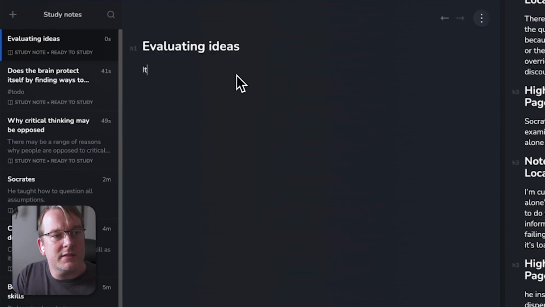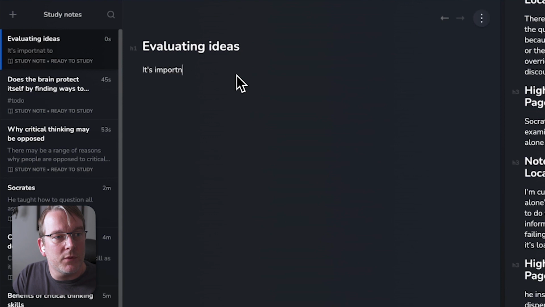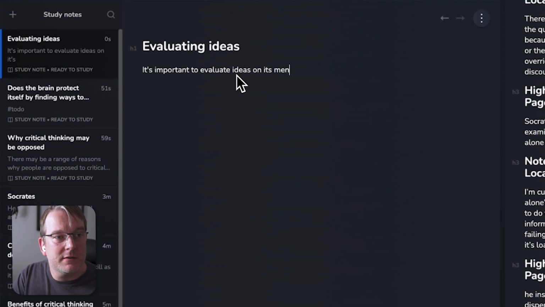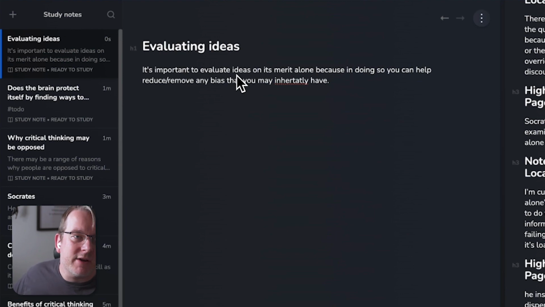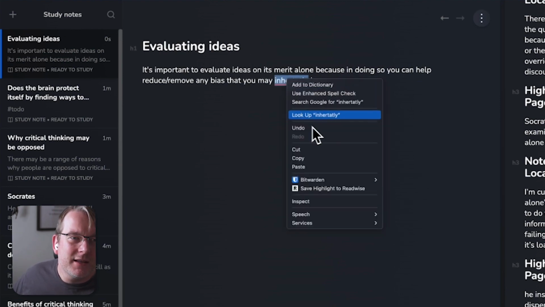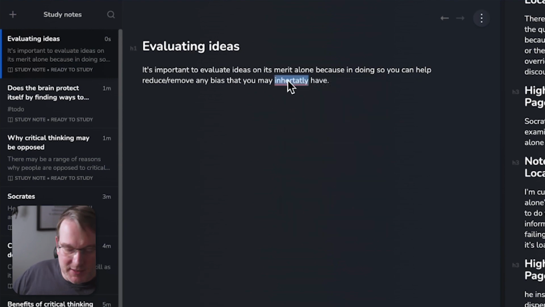So it's important to evaluate ideas on their merit alone, because in doing so you can help remove any bias that you may inherently have. There's a great quote, I can't remember where it's from, but it's a really great quote. I can't spell inherently. Inherently, is it?